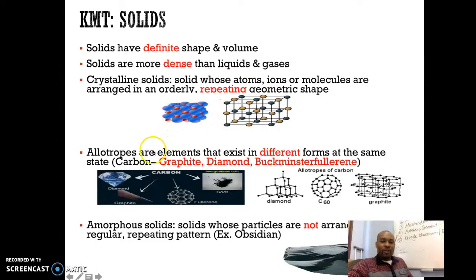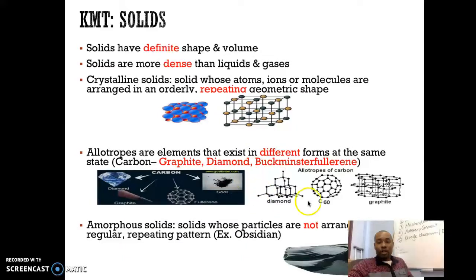And then you have some other substances called allotropes. Allotropes are elements that exist in different forms at the same state. So for example, diamonds, graphite that you can find in pencils, and something called a Buckminster fullerene. All of those three things are the same thing. They're all carbon, but the structure is very different.